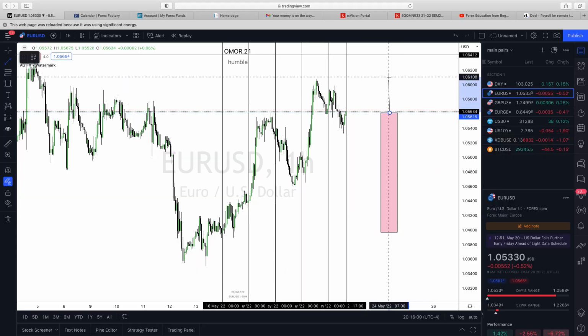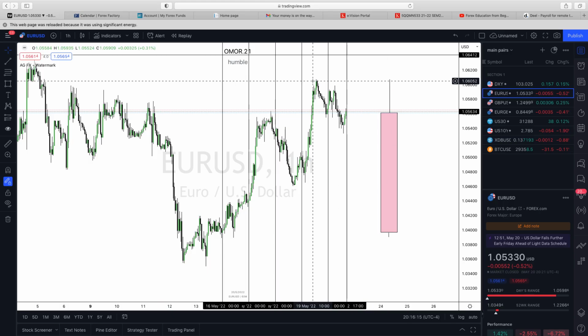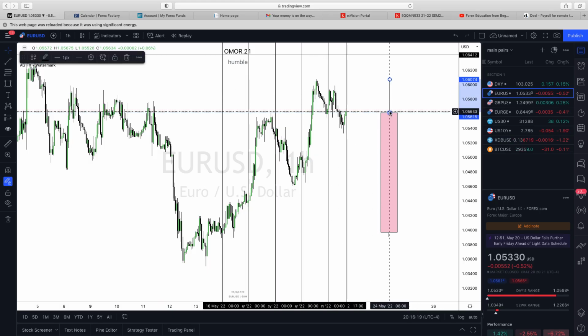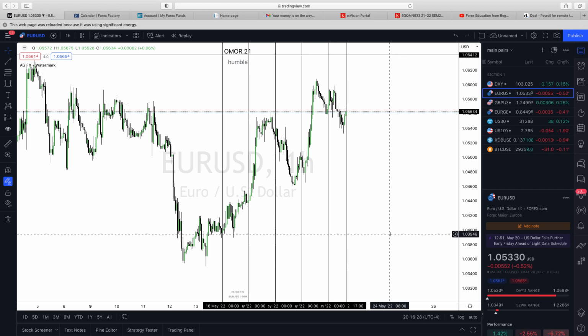Don't worry about the color. See how this low matches up with this low? Then we have the expansion all the way to the top, this high with here, and then Friday trades back down and closes. That is essentially what I told the free chat today. And that's how we anticipate a bullish week to form. That candle over and over again.